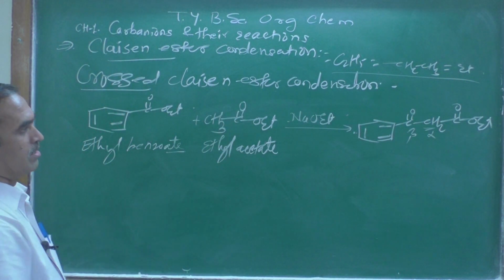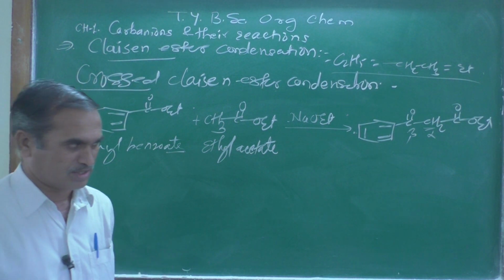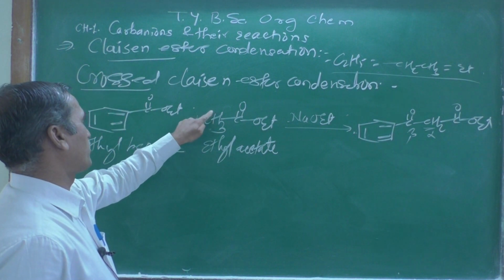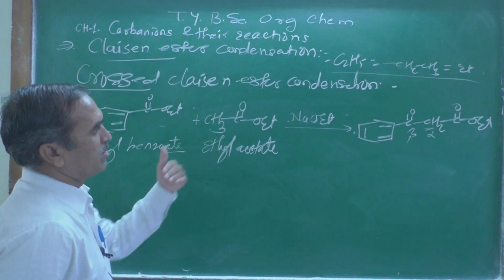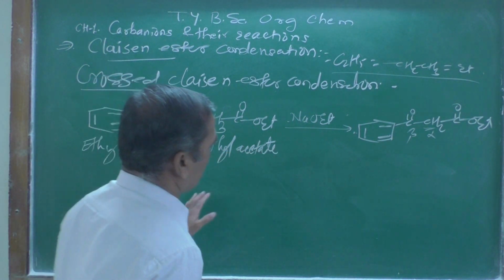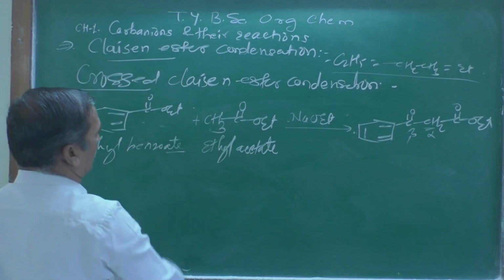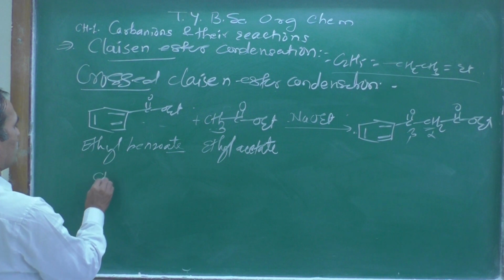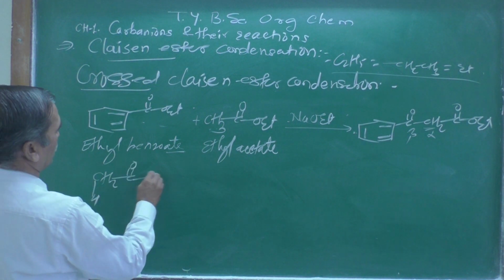So this is there, and if you see the mechanism, as we already discussed, how the carbanion forms over there, and this carbanion is going to attack over there, then OEt gets removed and you are going to get this product. In short, how we can show the mechanism, let's see over here, CH3, then C double bond O, OEt.